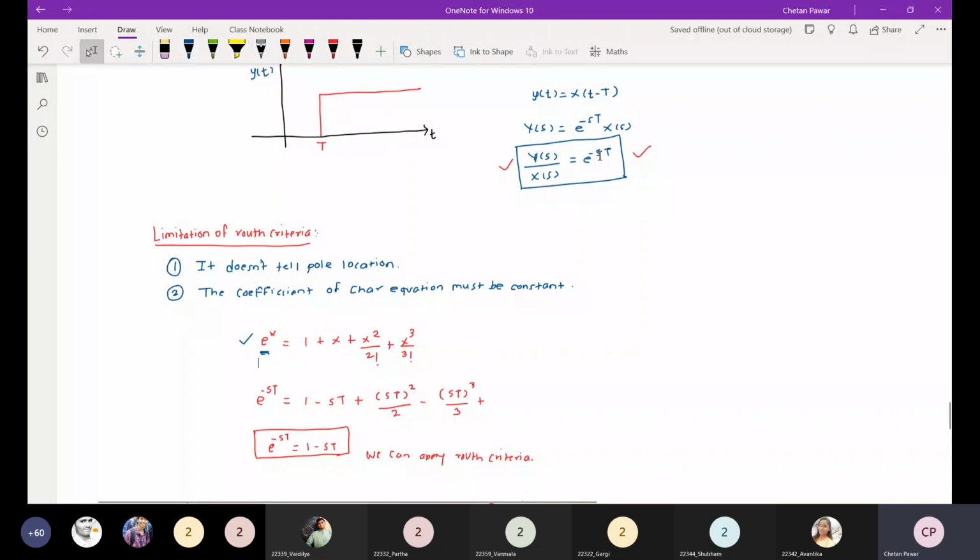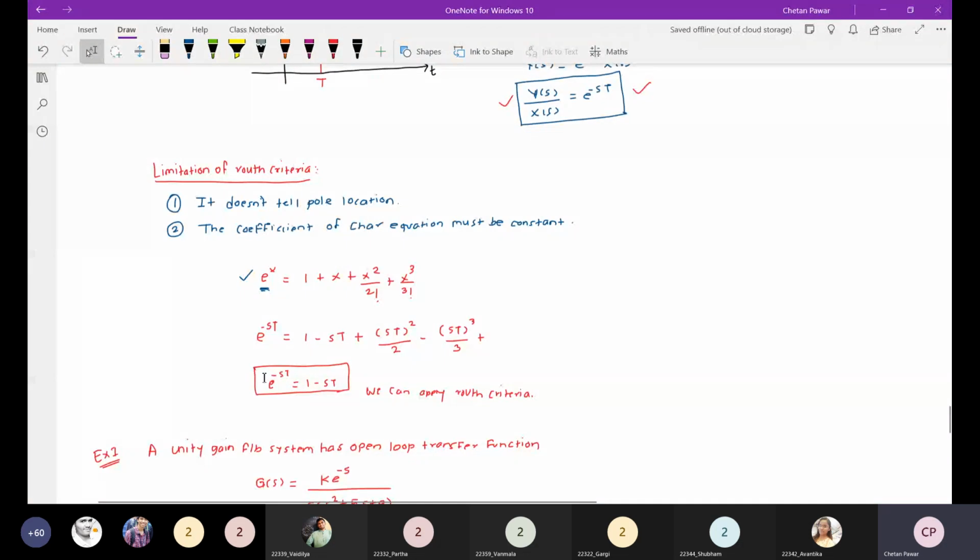If this term comes, how do we solve the Routh table? That is the problem here. You can use an approximation: consider only the first two terms, 1 minus sT, and then solve the Routh table. This is an exceptional case in the Routh table.